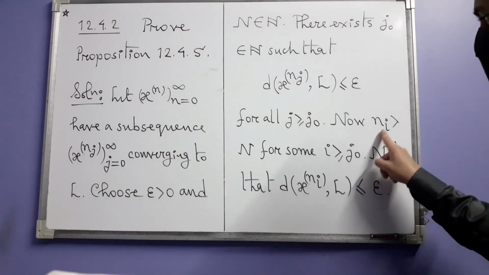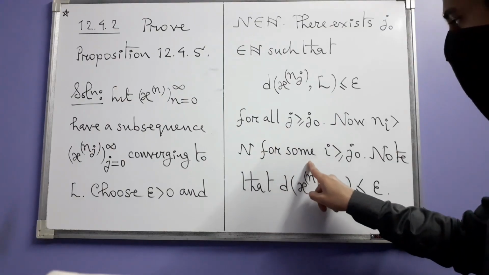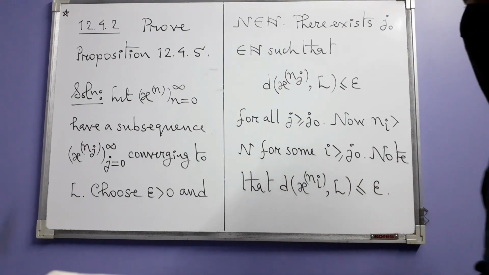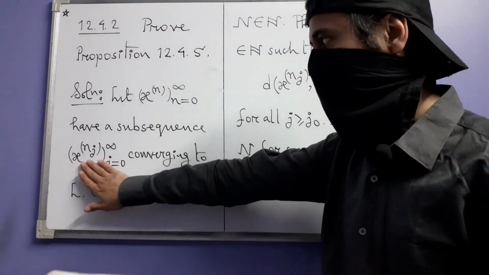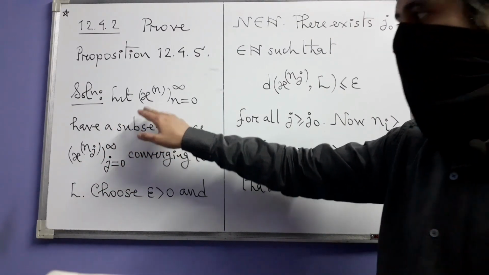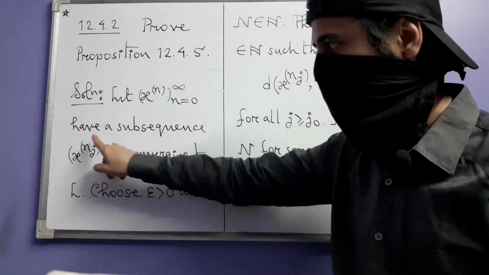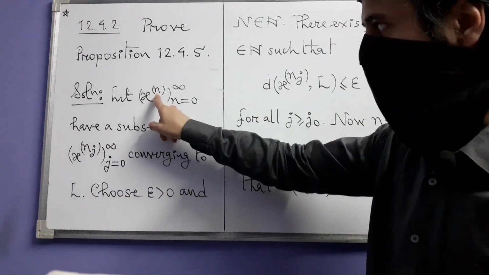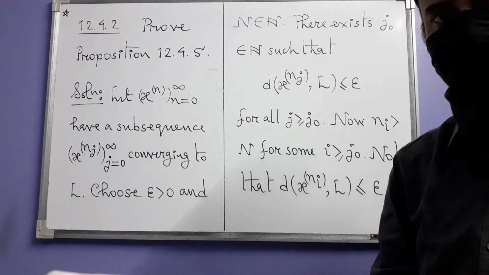Now n_i is greater than capital N for some i greater than or equal to j_0. Why? Well, that's because this x_{n_j} is a subsequence of x_n, and so by definition of subsequences, these subscripts, those n_j's, form a subsequence of n, the sequence of natural numbers.